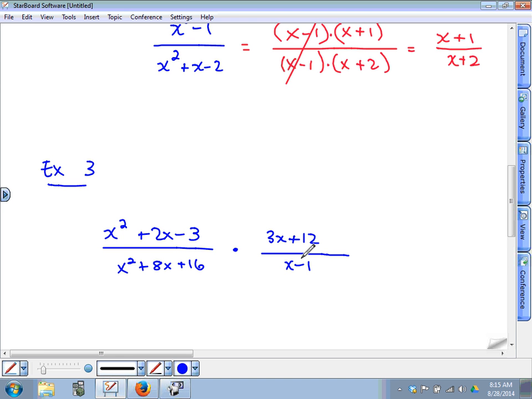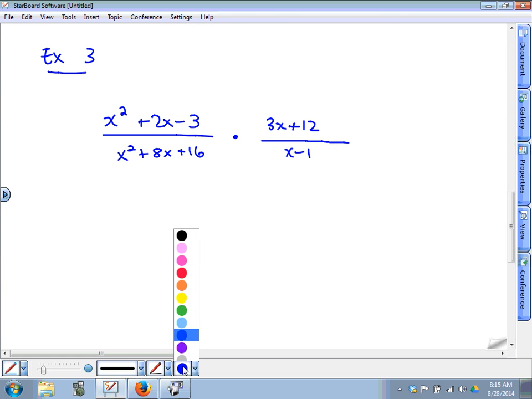Now, there are potentially two ways to do this, but there's only one way that's the best way. Factor first and cancel out common factors, and then multiply straight across. That'll make things so much easier. Factor, cancel out common factors, and then multiply straight across. So anything that you think can factor, factor it.